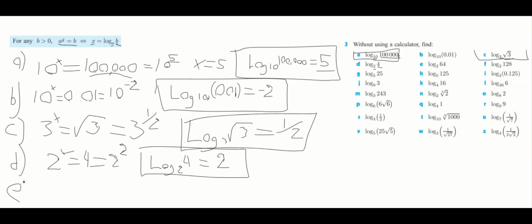E, man, this is long. So A is 2, to the power of x. B is 64. Awesome. So 2 to the power of what equals 64? 2 to the power of 6 equals 64.